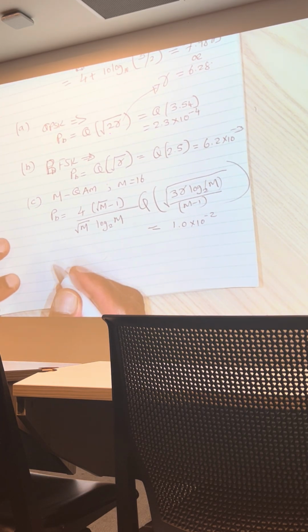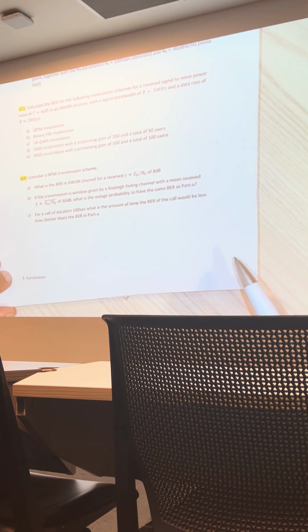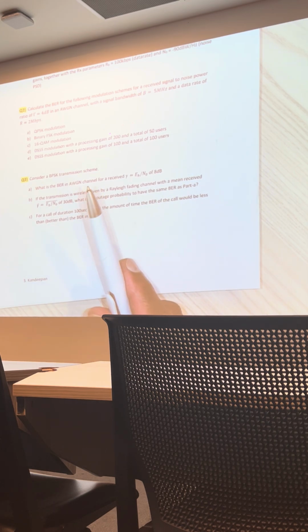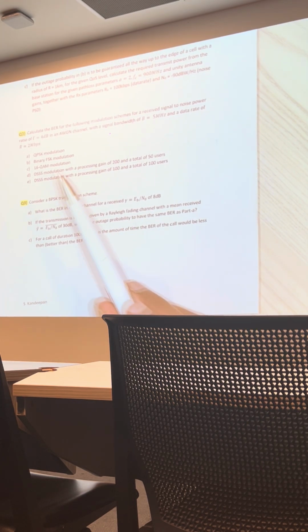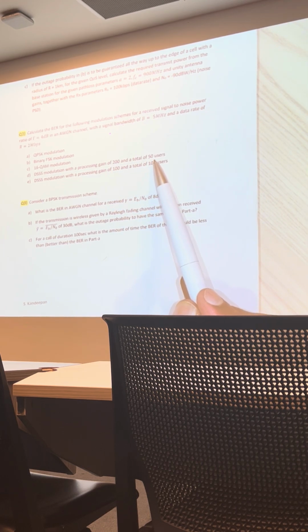So part D is for direct sequence spread spectrum. Direct sequence spread spectrum is a bit different, or completely different, modulation technique compared to the other modulation techniques in parts A, B, and C. So for DSSS, we have something called the processing gain, 200, and the total number of users is 50 in this case, right?